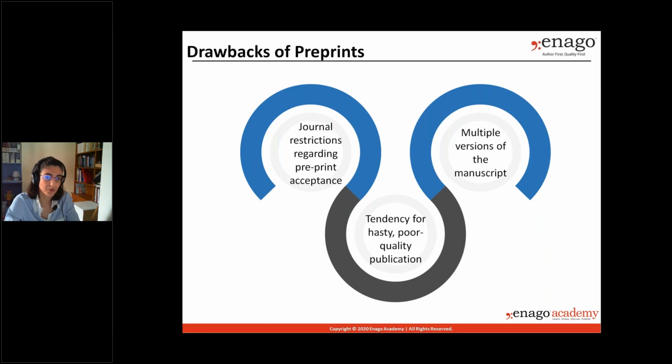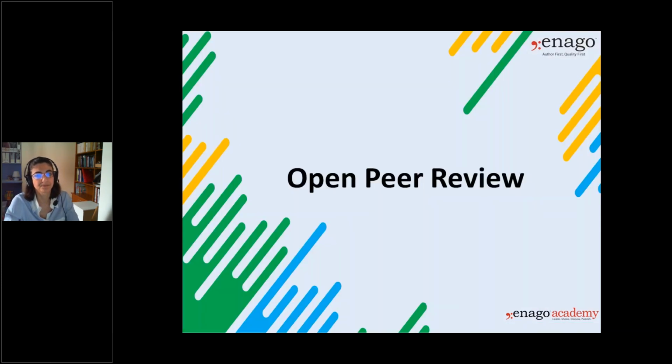And then, of course, you have the problem of multiple versions of the manuscript, because you will have a preprint in a repository. However, as you go through the journal submission, revision, potentially rejection phases, changes will be implemented to your manuscript. So at the end, there will be multiple versions of that manuscript available.